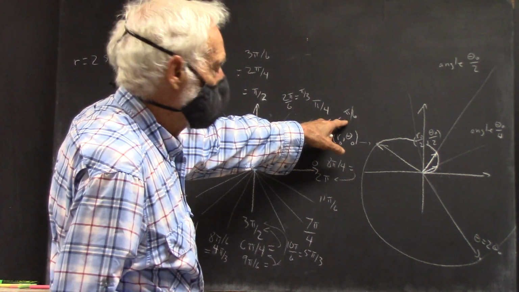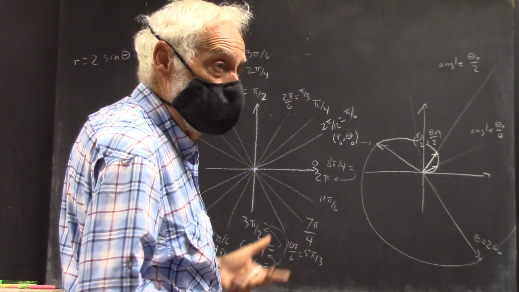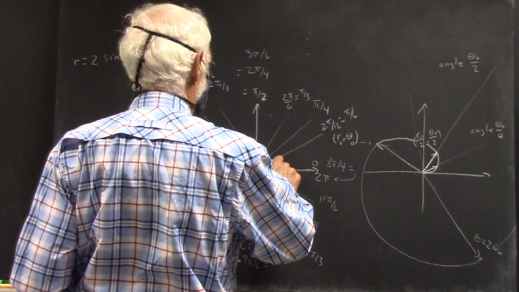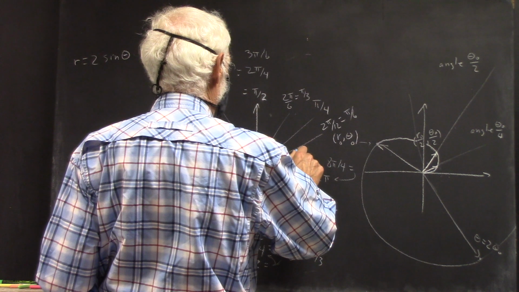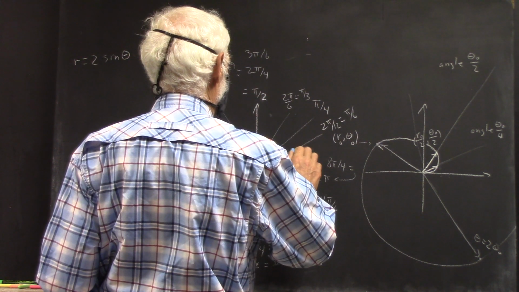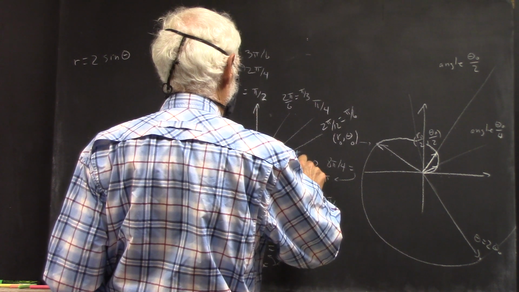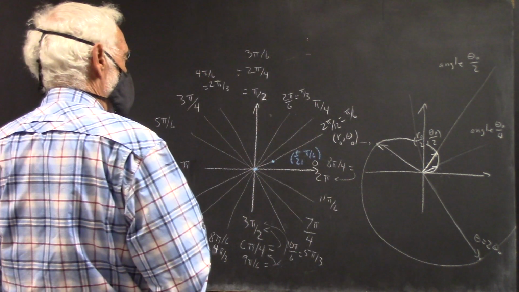Sine of pi over 6 is like the sine of 30 degrees, one of your special angles. The sine is 1/2. So we have this point, which I will label. That's 1/2, pi over 6.